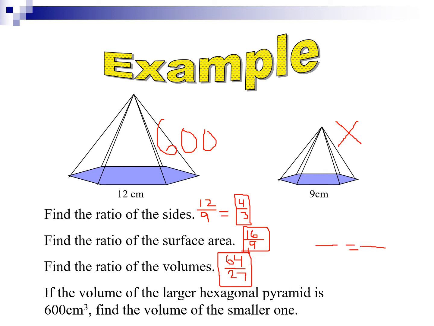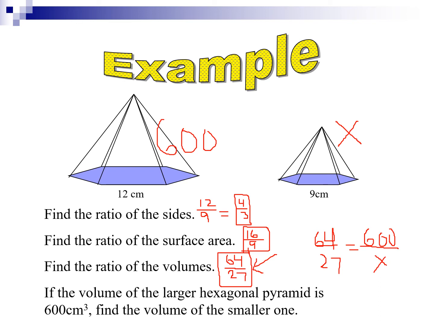Since we are dealing with volume of the three ratios, the one that we want to focus on is the volume ratio, the 64 over 27. And now we can put in the 600 with the x.